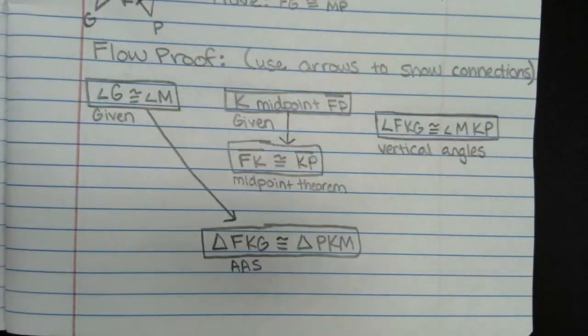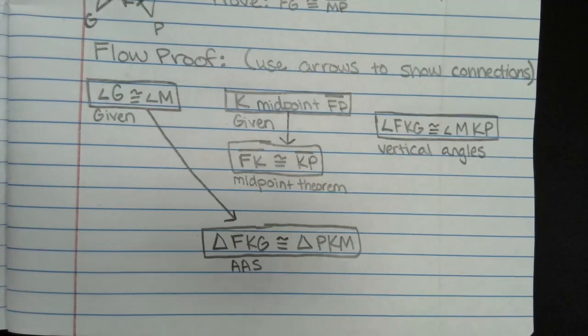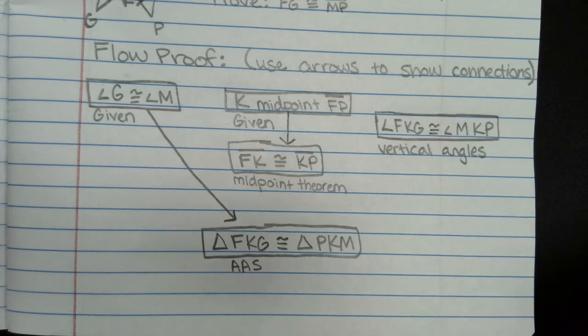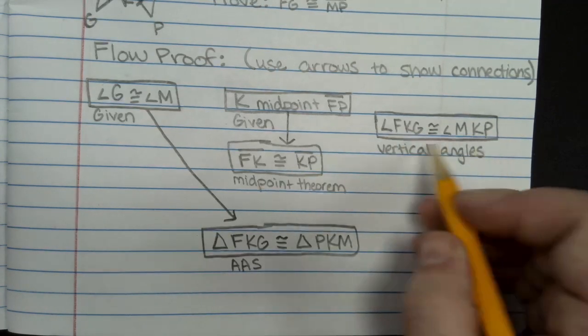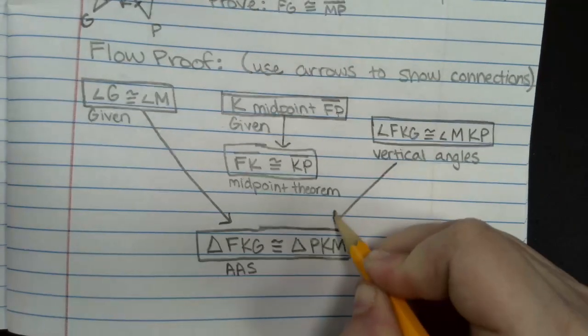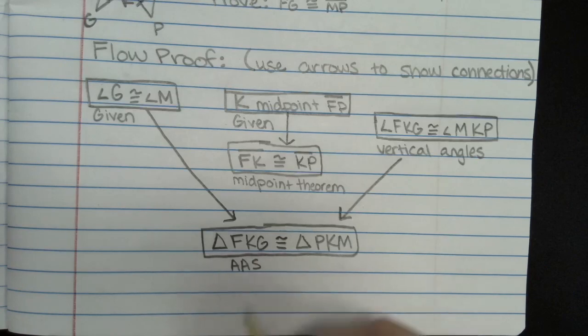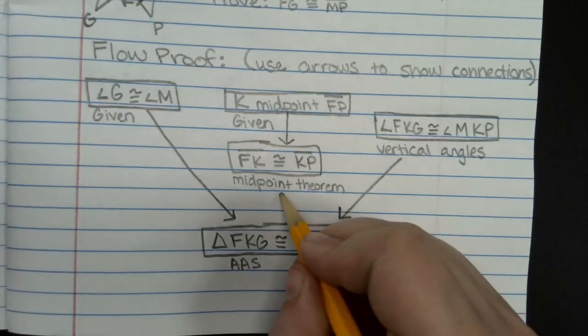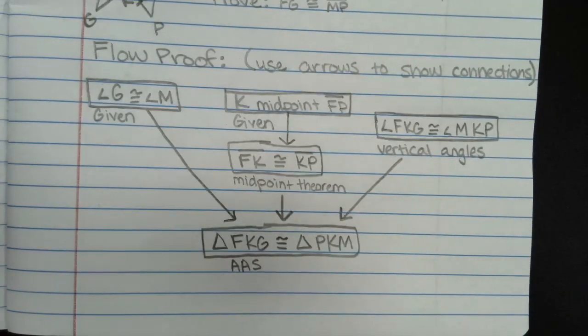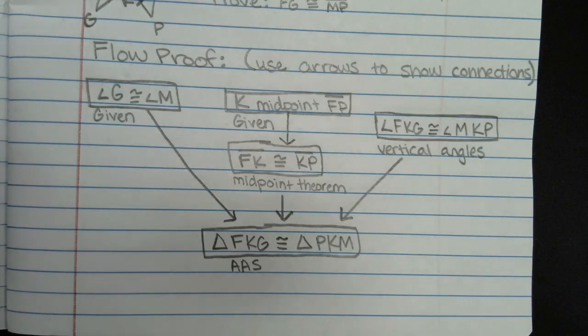What's the other angle we said was congruent? Yeah, that FKG and MKP, so that goes here. So that's our two angles. Where does our side come from? Yeah, our midpoint theorem. So all three of those funnel into this theorem that we have angle, angle, side.